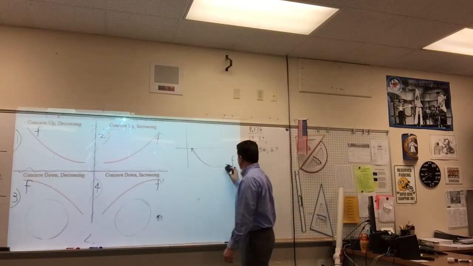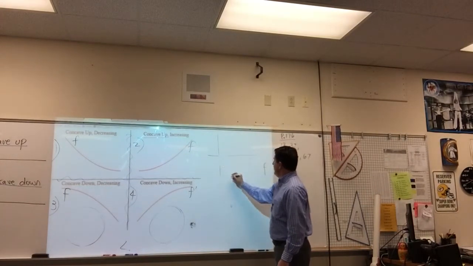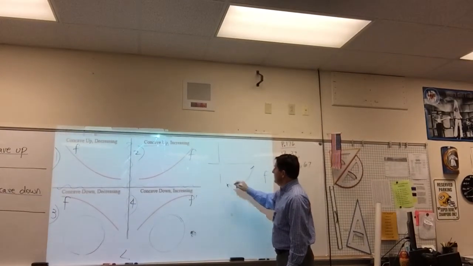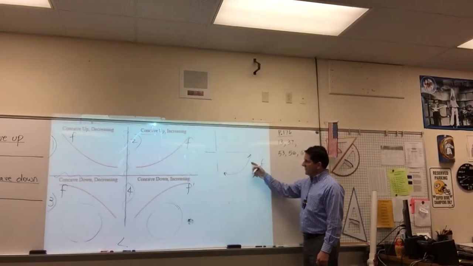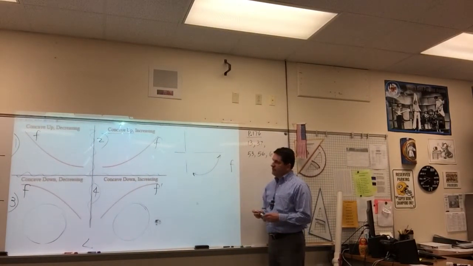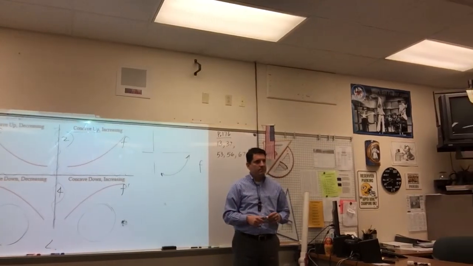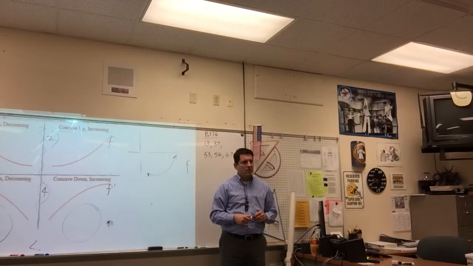We could go concave up. This function is concave up, and f is negative. So no. Yes? For concave up, f prime is increasing. f prime is increasing. We have a winner.